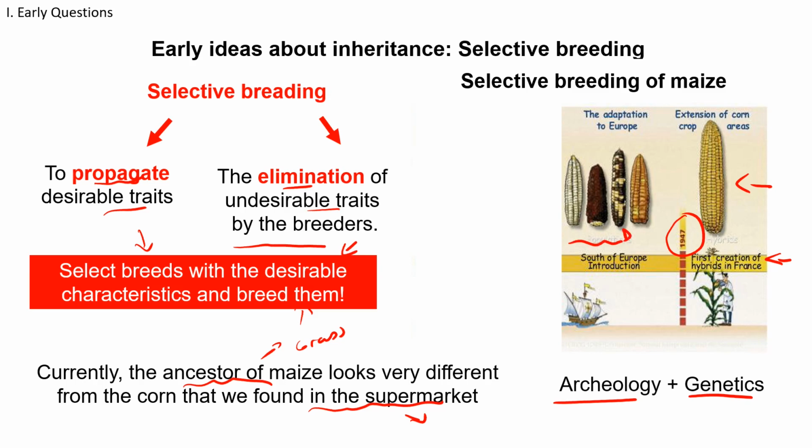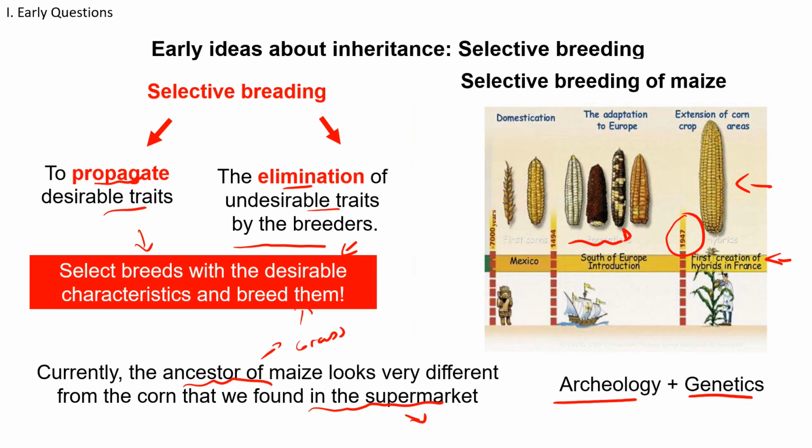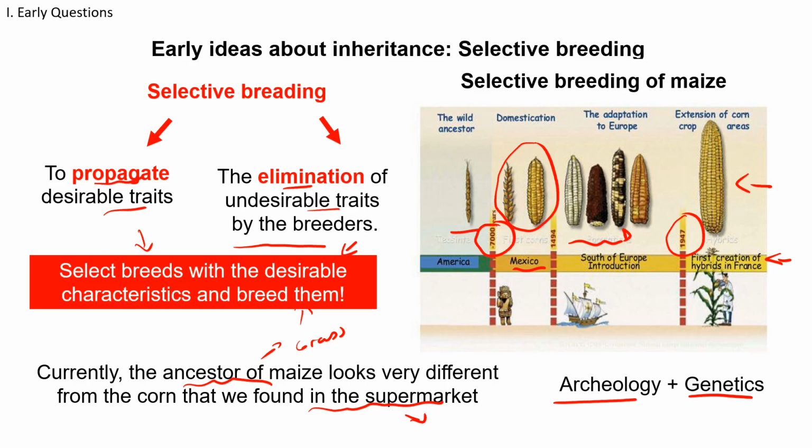There were different colors and different sizes. And if you go even before that, in Mexico, the difference was even bigger. And when we now see the ancestor, that is more than 7,000 years ago, it looks very, very different. And as I said, it looked more like a grass. So we will talk more about that in the next slides.